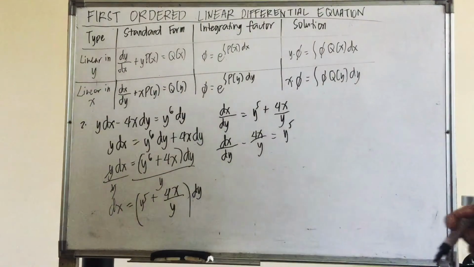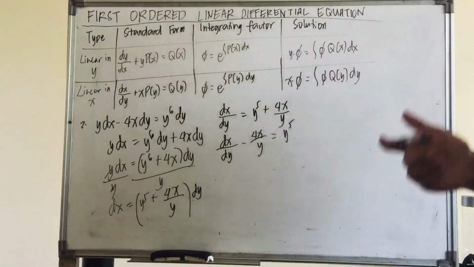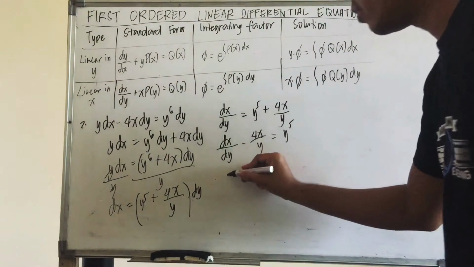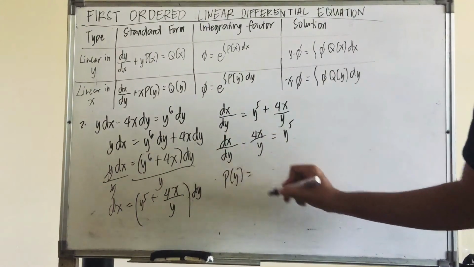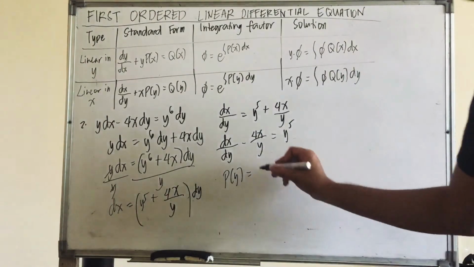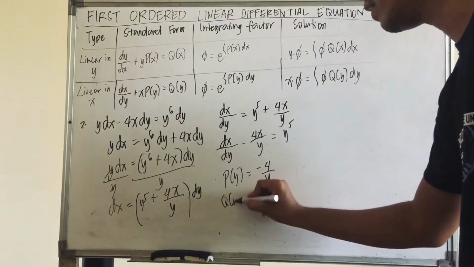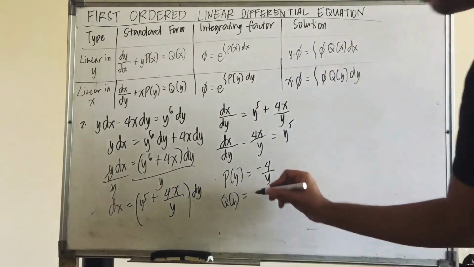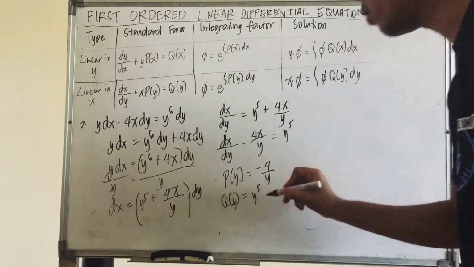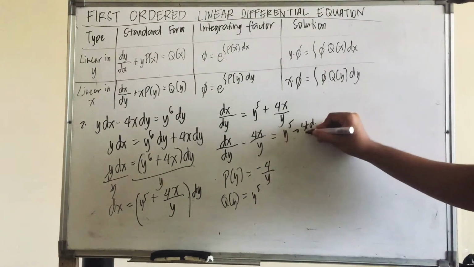So this is linear in x. So p of y is now equal to negative 4 over y, and q of y is equal to y raised to 5. So by the way, this is now the standard form.